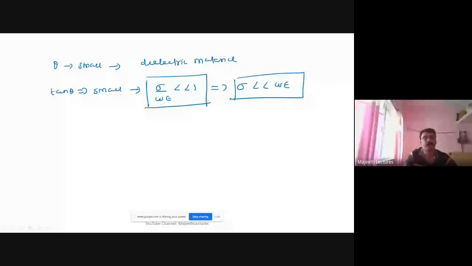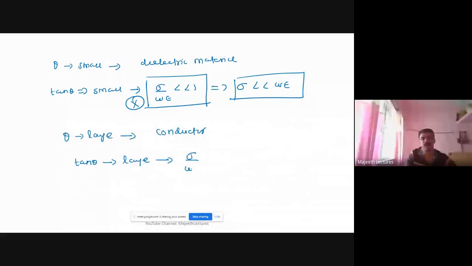What about a conductor? For a conductor, we know theta must be large. Theta large means it will become a conductor. This is a very, very important point. Theta large means tan theta is also large. Tan theta is equal to sigma by omega epsilon, so sigma by omega epsilon must be large, meaning sigma must be greater than omega epsilon.